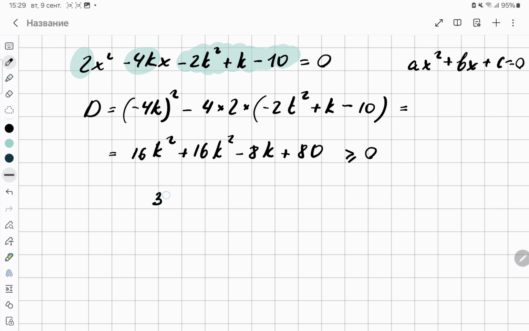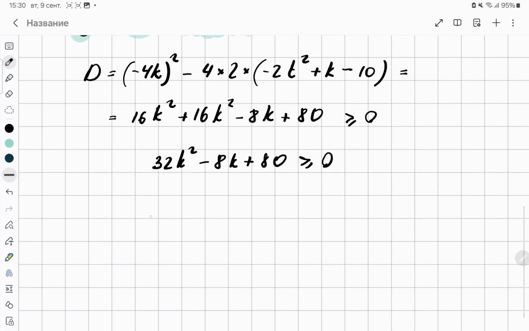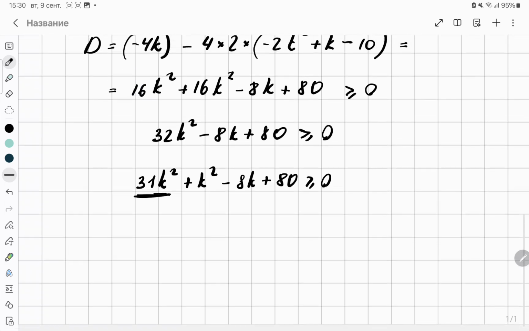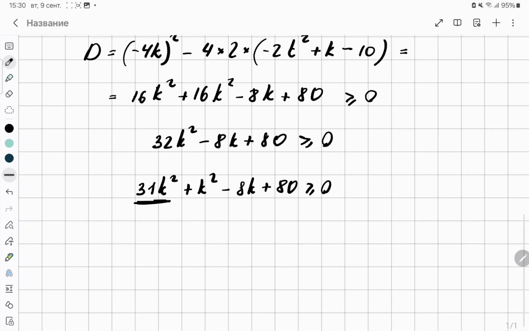First of all, let's further simplify, and now we have to answer what values of k give us an expression that is positive. We can split it and say 31k squared plus k squared is more than or equal to 0. Why did I do that? You see this first term is always positive, more than or equal to 0.